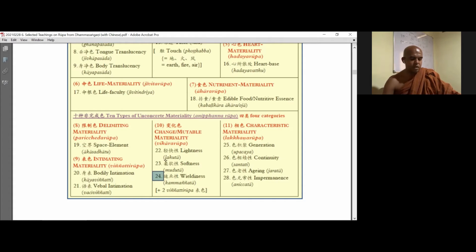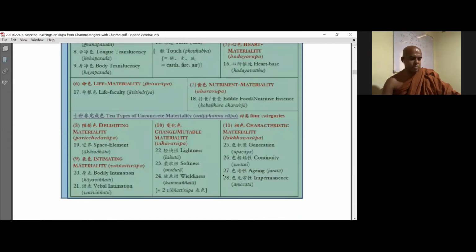Lightness, softness, and wieldiness. And after that, explaining characteristic materiality, the Lakkhana Rupa. There are four: Upacaya, Santati, Jarata, and Aniccata. Generation, continuity, aging, and impermanence.